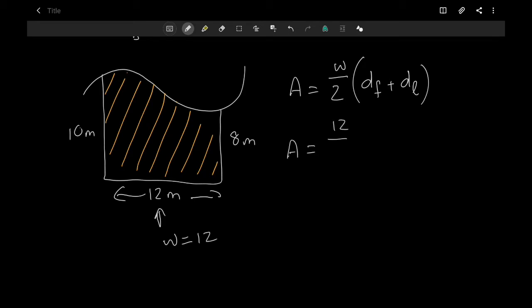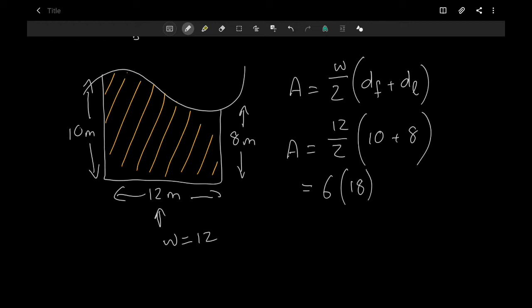So that would be 12 over 2, bracket. dF is the distance of the first parallel line. In this case, it's 10. Plus dL is the distance of the second line, which is 8. Close the bracket. 12 over 2 is 6. 10 plus 8 is 18. So 6 times 18 is equal to 108 meters squared.